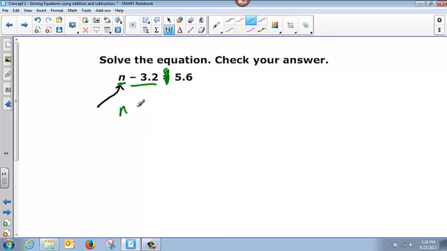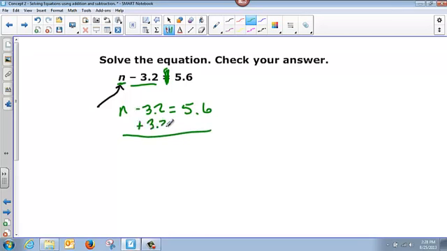So normally what we would do is say n minus 3.2 equals 5.6, and then I like to draw a line underneath this and say the inverse of that is to add 3.2. And then anything I do on the left side, I have to do on the right. So I'm going to add 3.2 here also.